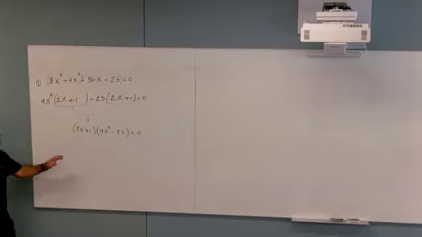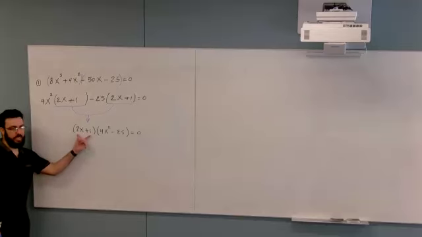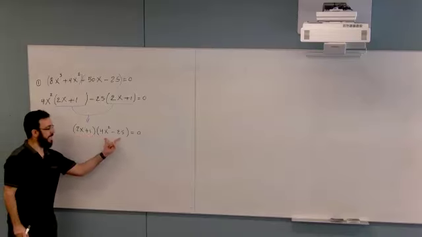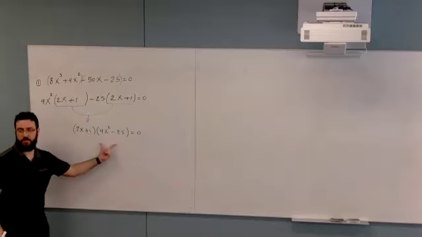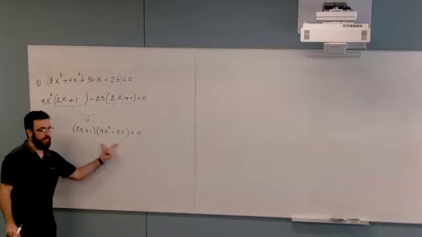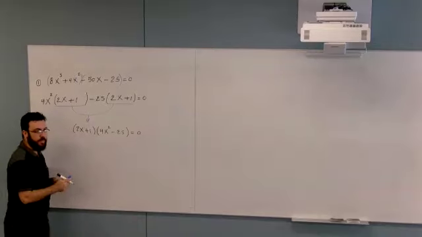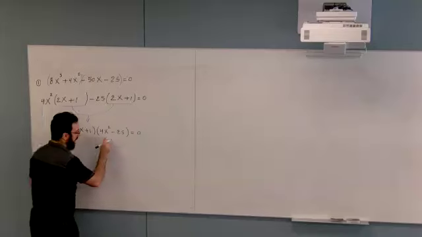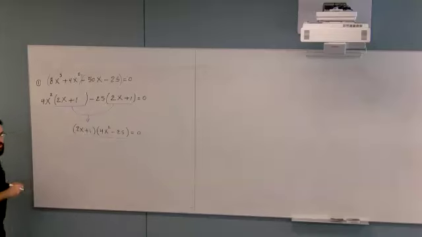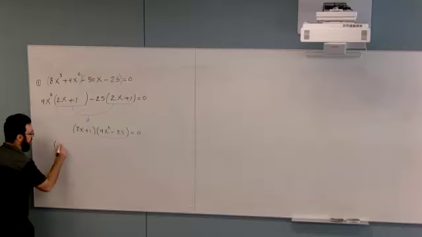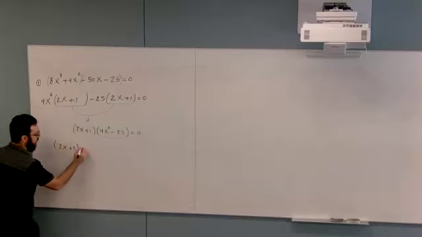Now let's look here. I can't do anything here. But what about the other one? Can I factor it more? Just this part. So you see the first one, I'm going to write it down, 2x plus 1.